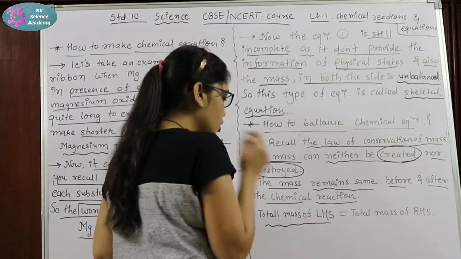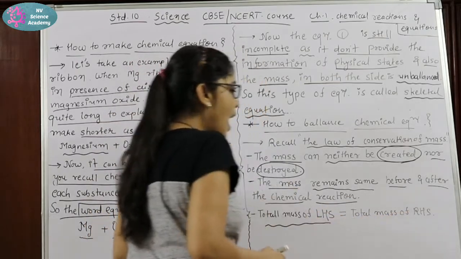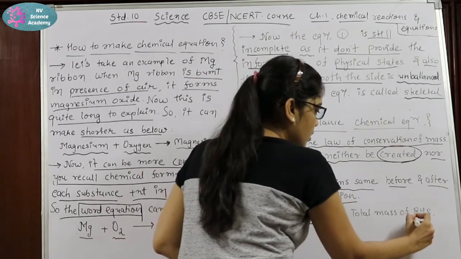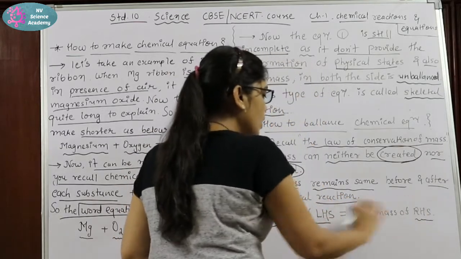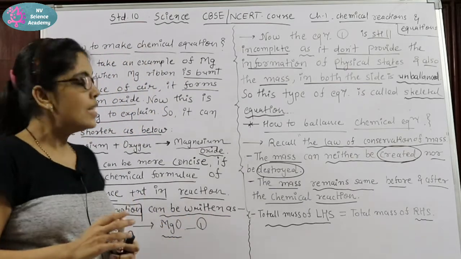Left hand side means what? We write here the reactants. So in short form, total mass of LHS is equal to total mass of RHS, which means the mass on both sides will be equal. So we need to balance the chemical equation.